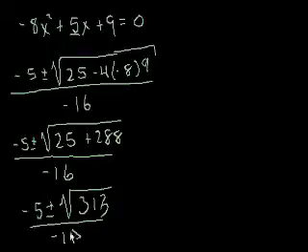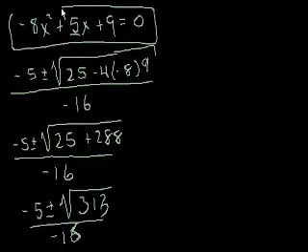And I think, I'm not 100% sure, although I'm pretty sure, I haven't checked it, that 313 can't be factored into a product of a perfect square and another number. In fact, it actually might be a prime number. That's something that you might want to check out. So if that is the case, and we've got it in completely simplified form, and we say there are two solutions, two x values that will make this equation true.